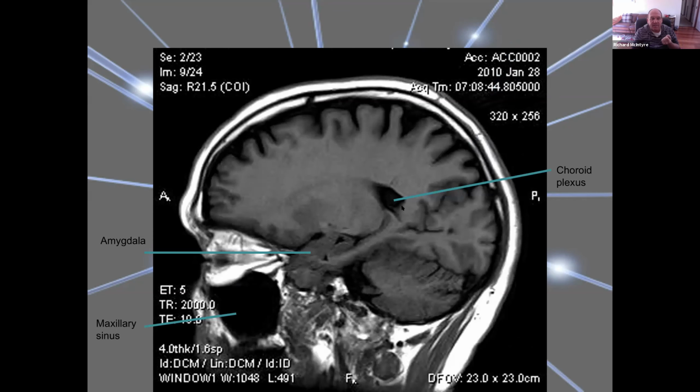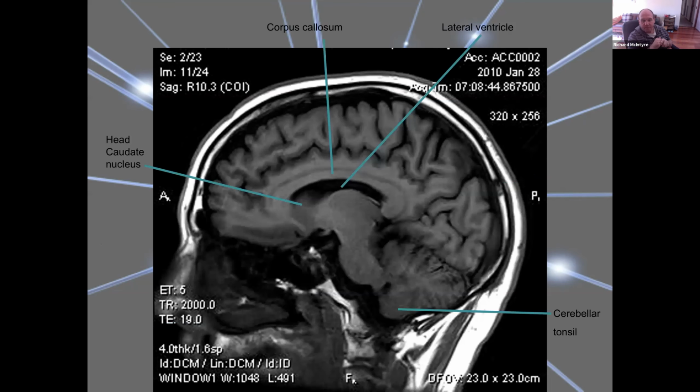Maxillary sinus and amygdala. You can just see it there. Amygdala is just anterior to the hippocampus, and that's where we get a lot of our feelings from, our anger. Okay, so when videos don't play on PowerPoint, my amygdala goes bing, really strong.